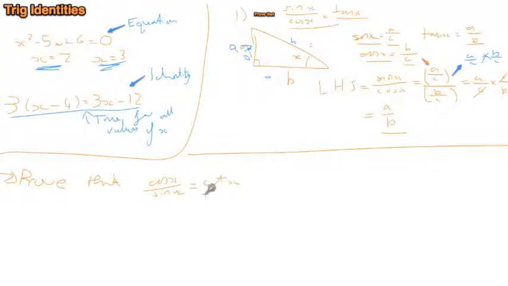Same as before, left hand side equals cos x over sin x. And that equals b over c over a over c.